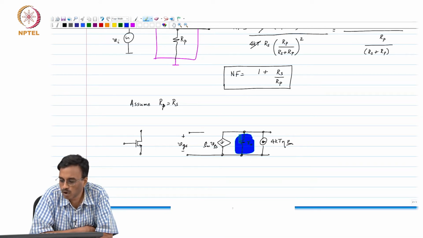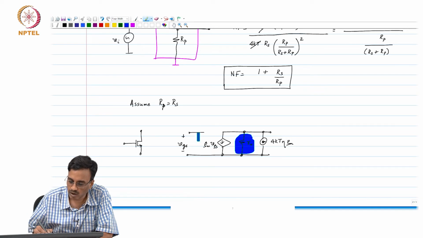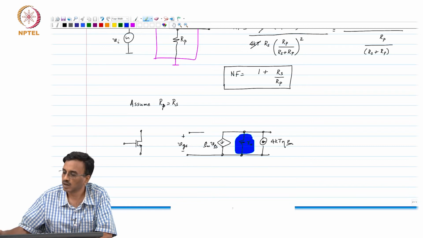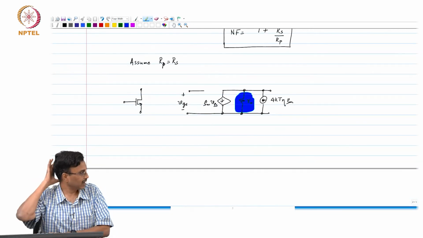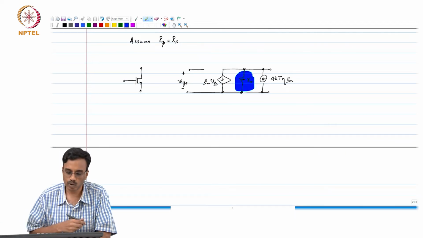So, this is a simple model for noise. In fact, in reality there is also another noise source in the gate, but that only shows up at really high frequency, and for most calculations, at least at low frequencies, this is good enough.